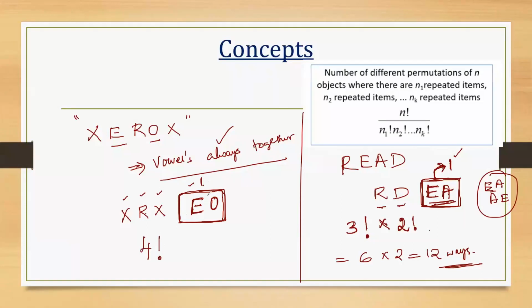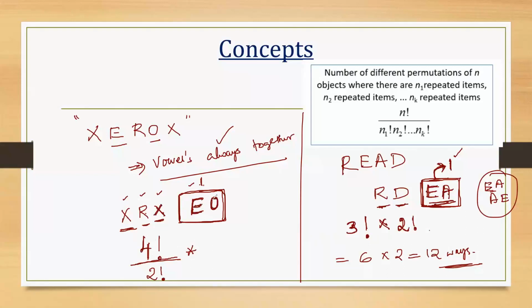But among these 4 letters, X is repeated 2 times, so divide by 2 factorial. Is it clear? Here R, D, and this one are different, that's why I wrote 3 factorial. But here we have 4 letters, so 4 factorial, but X is repeated twice, so divide by 2 factorial, into, again, 2 factorial.